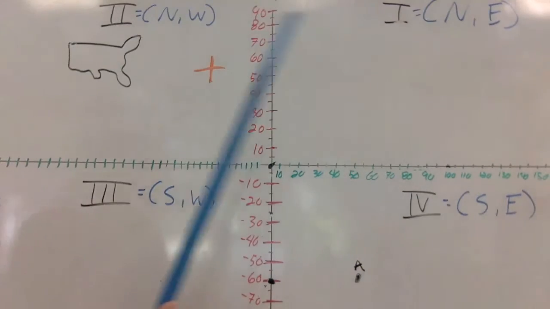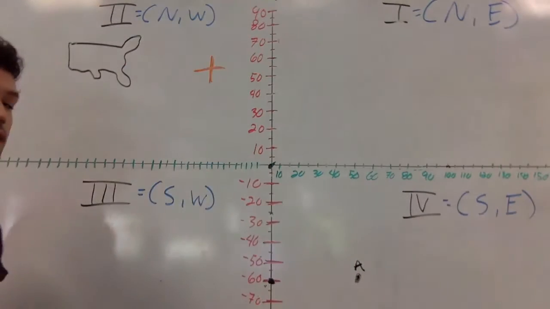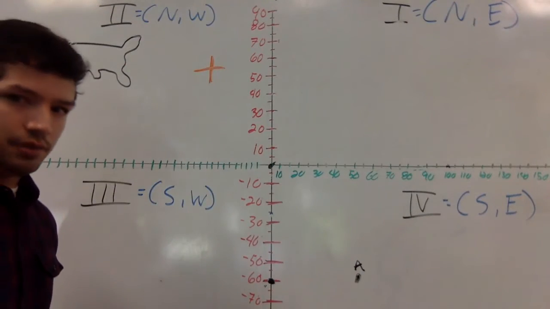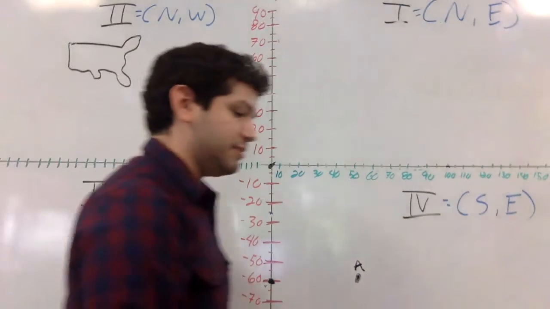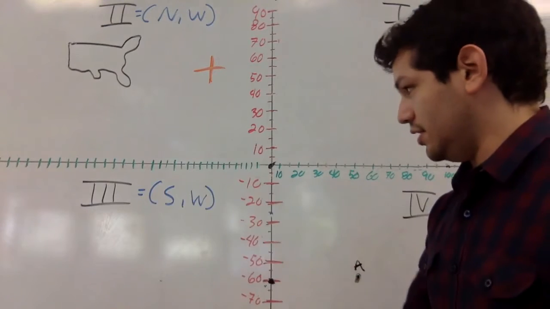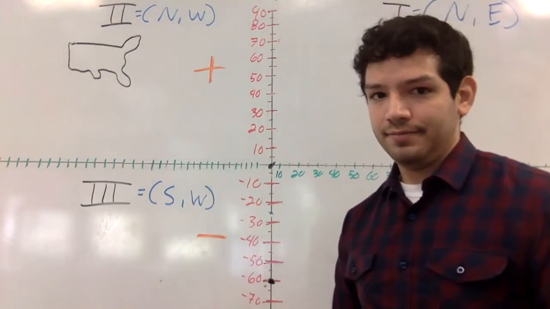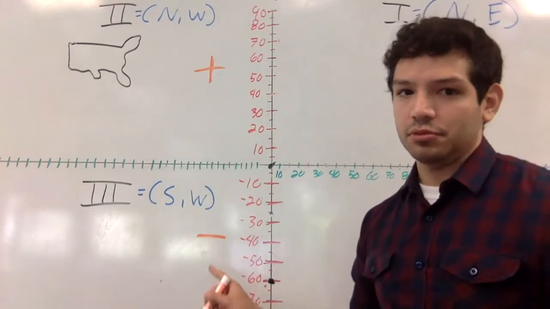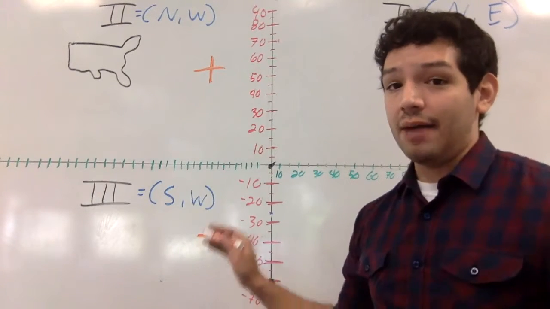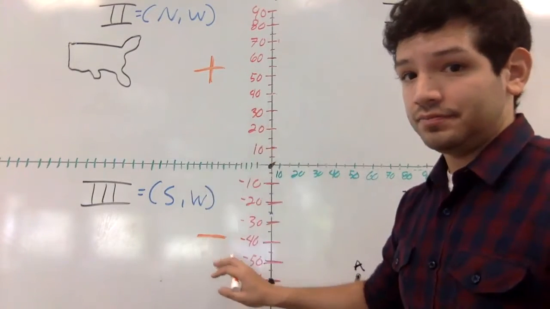Anything on the north side will be a positive number. So north is positive, making south, as you can see, negative. All these numbers will be negative numbers. But now I'm just talking about my latitude lines.